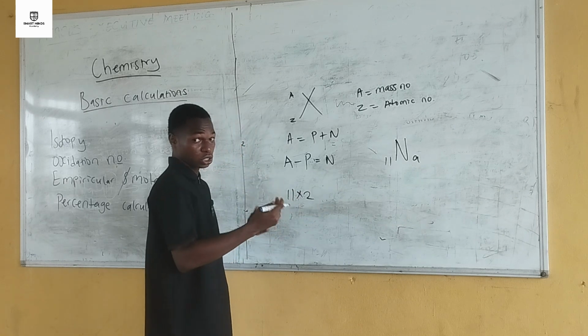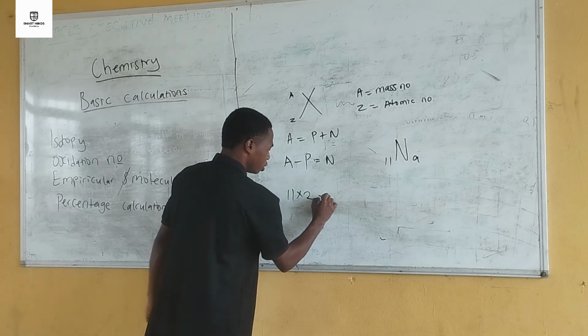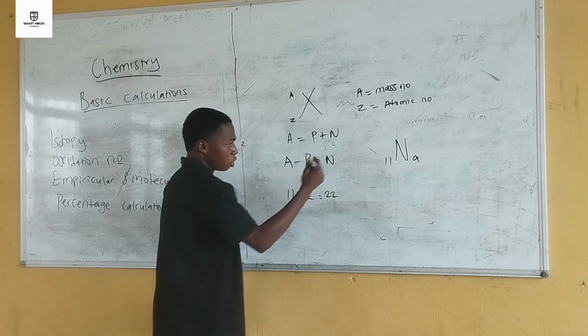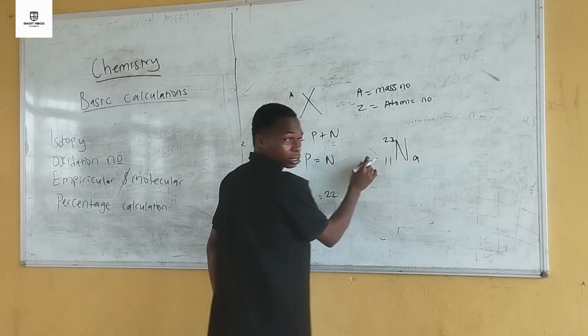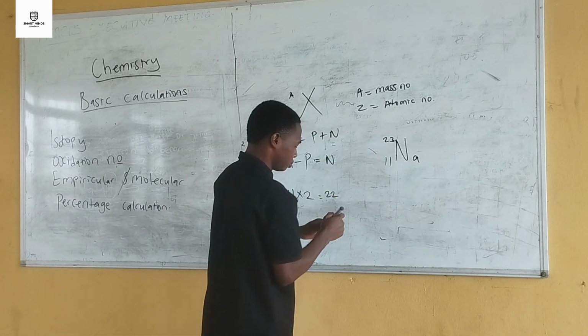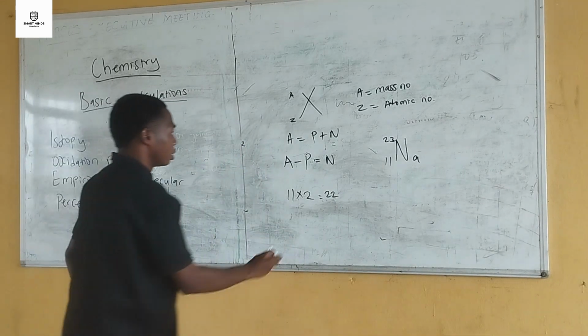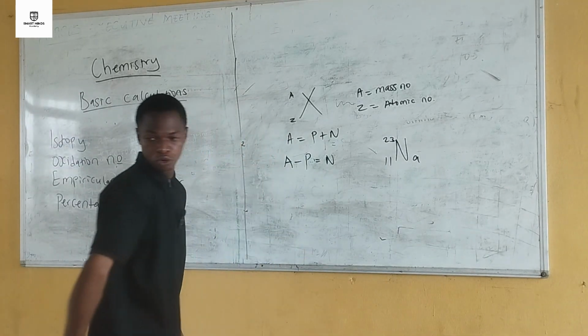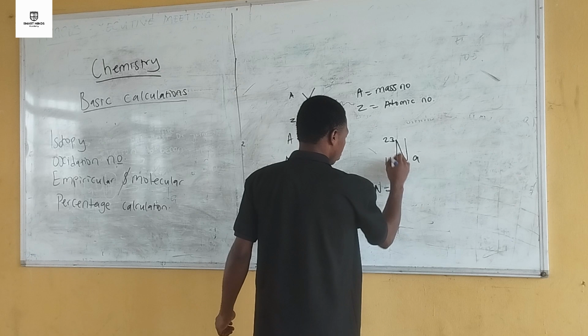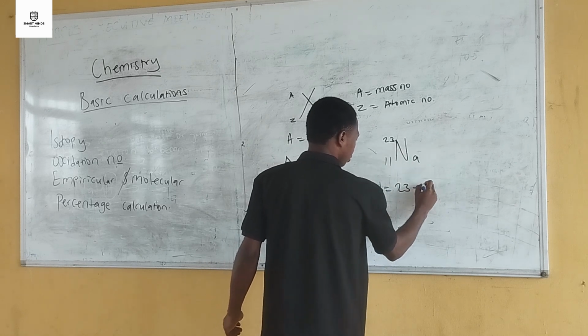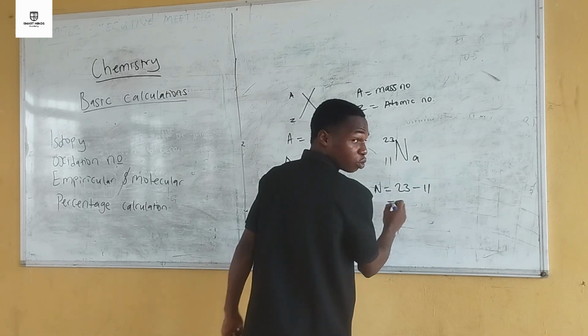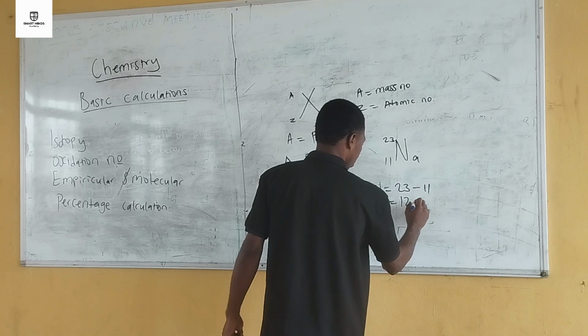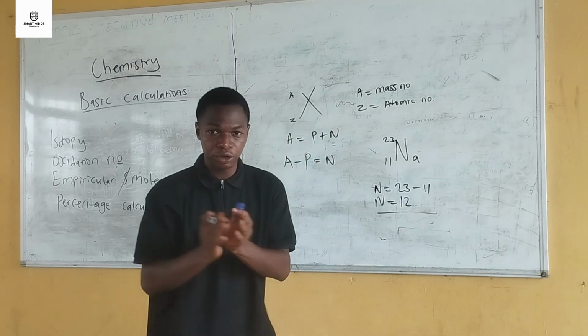In some cases it works, in some cases it doesn't. It's close, but the mass number is 23. So if the mass number is 23 and the atomic number is 11, the neutron number is 23 minus 11, which is 12. That's how you calculate your mass number and neutron number.